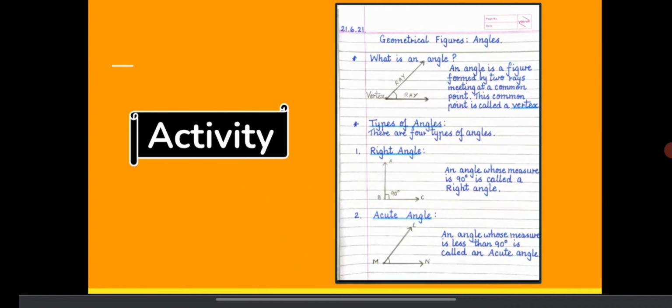You will then write what is an angle. You will draw and write about it. You will then write types of angles and you will draw and write both the angles. Remember to leave lines, draw the angles with a pencil and write neatly with a pen and underline with a blue color pencil.